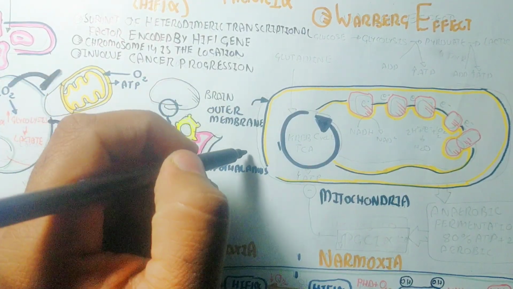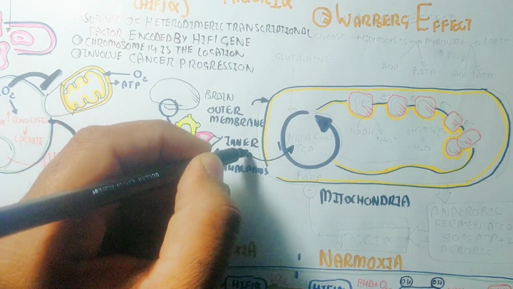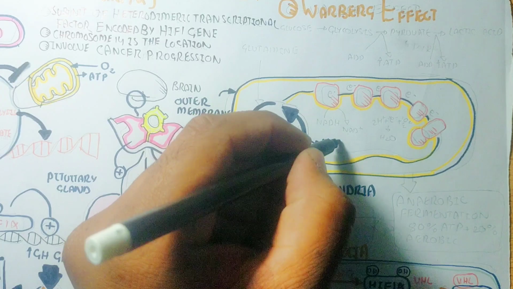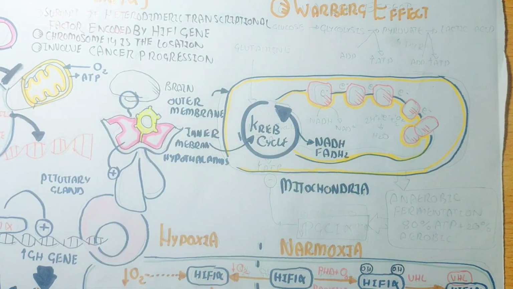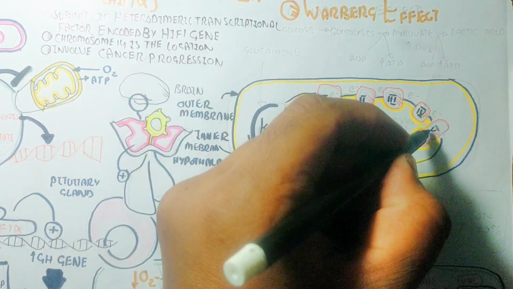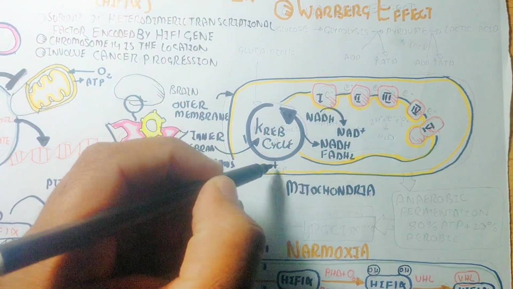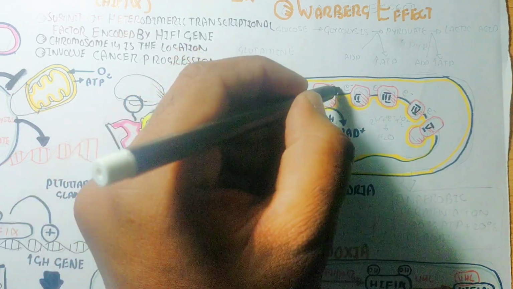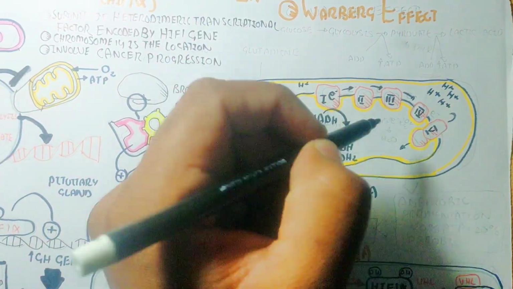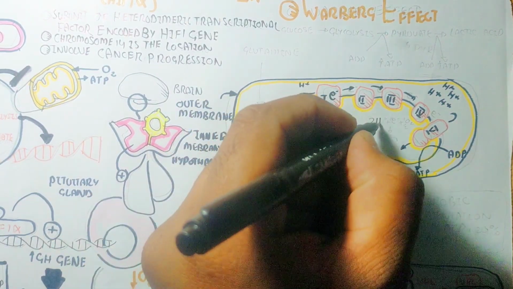For example, the Warburg effect. Warburg says that glucose metabolism leads to glycolysis and pyruvate is converted into lactic acid and does not go into the electron transport chain, but produces more ATP from anaerobic fermentation. Here is the NADH, and the Krebs cycle will produce NADH to use for electron flow into the electron transport chain complexes, while protons are pumped out and pumped in again to produce ATP.